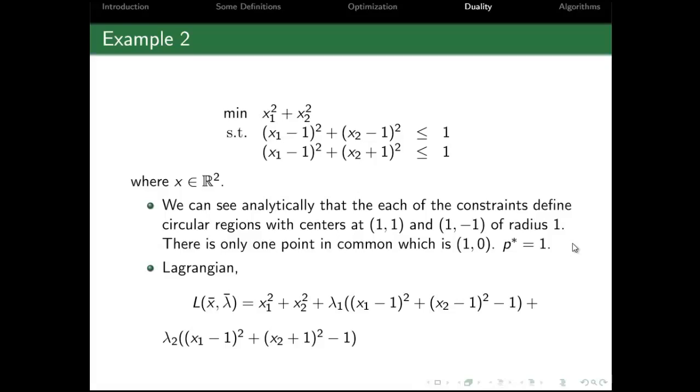But now let us do the analysis which you have learned and try to arrive at the same answer. When you have a convex optimization problem, or for that matter any optimization problem, the first thing you do is write down the Lagrangian. Here the Lagrangian will be x1 square plus x2 square plus lambda 1 times the first constraint plus lambda 2 times the second constraint.